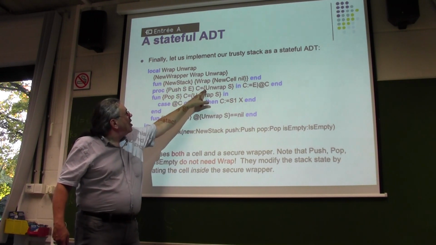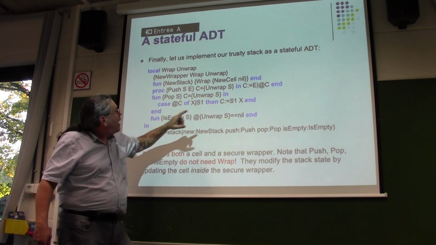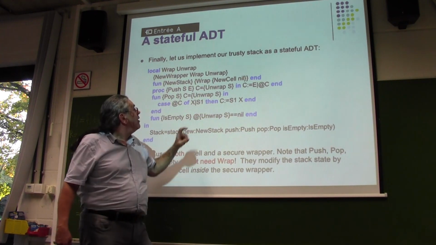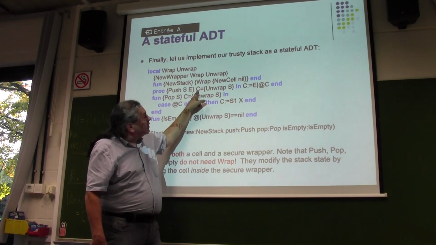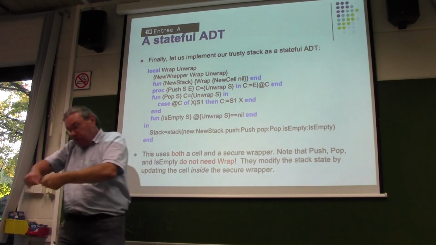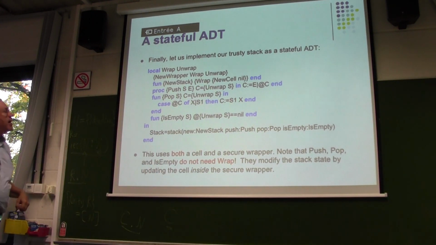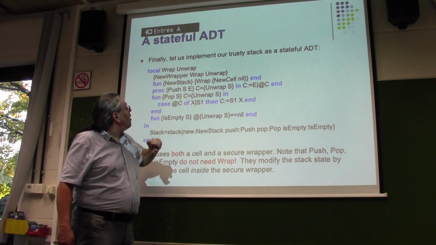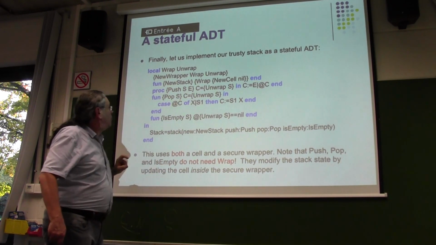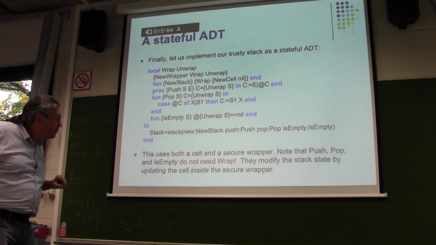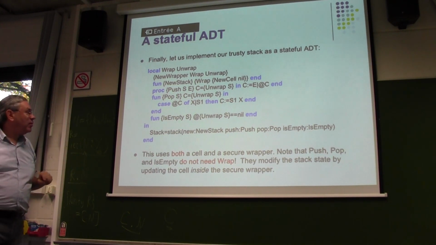So when I'm doing push, I have to do unwrap, but I don't have to do a wrap. The unwrap tells me what's inside, but there's a cell inside, so I can just update it. Okay? So only the new has to use a wrap. All the operations that do something will only do unwrap. Okay? They don't have to do wrap at all.